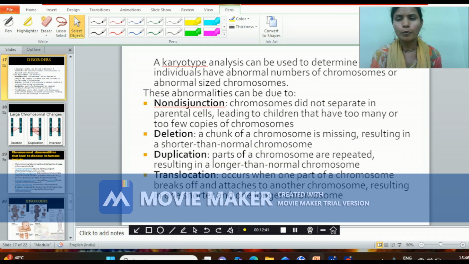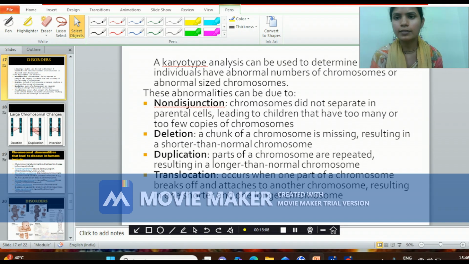Why do chromosomal disorders happen? It happens because of non-disjunction. It means there is no proper separation of the parental cell. Due to this, one extra chromosome arises with one pair of chromosomes.